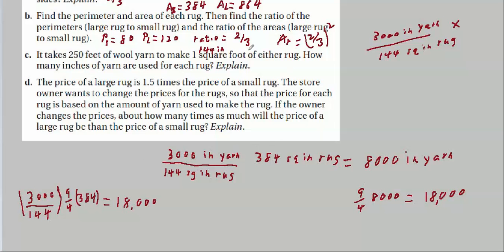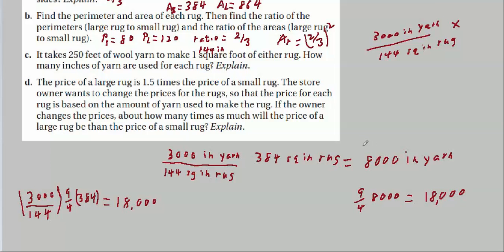Instead of 864 in here, I could have written 9/4 times 384. When I do that, I can pull the 9/4 out and put it out here in front, and then I've got 3,000 over 144 times 384. That's exactly what I had here, which we know is 8,000.